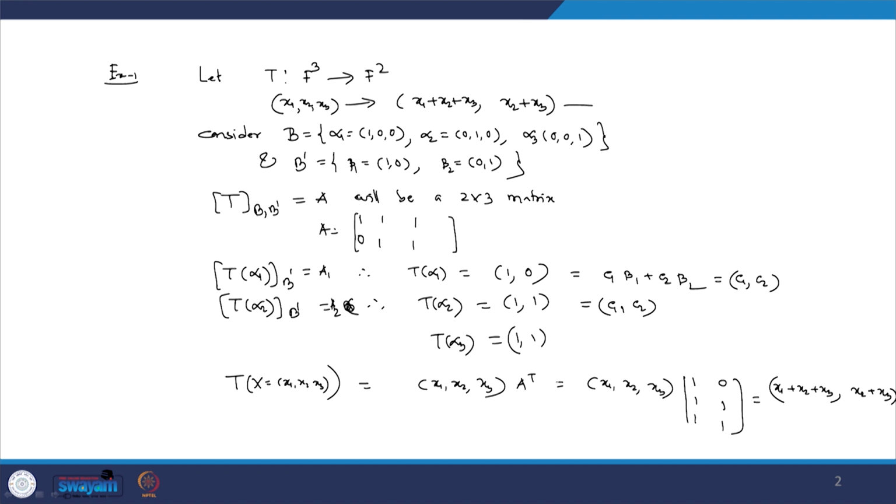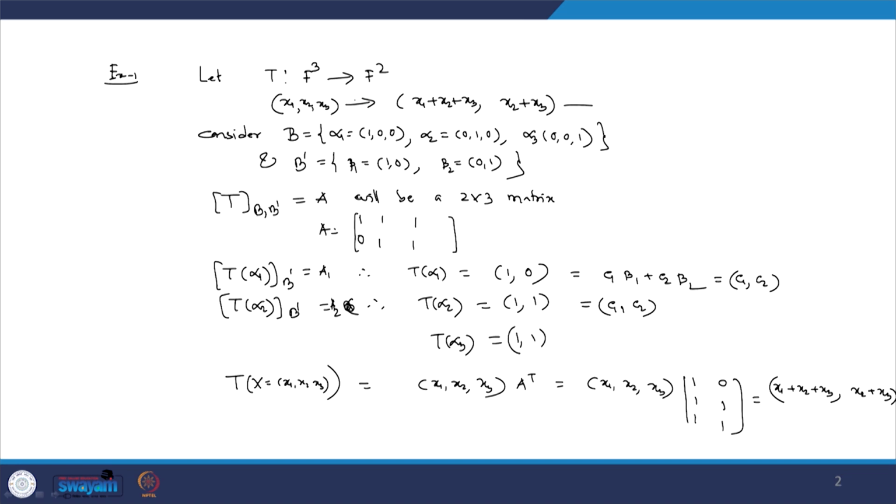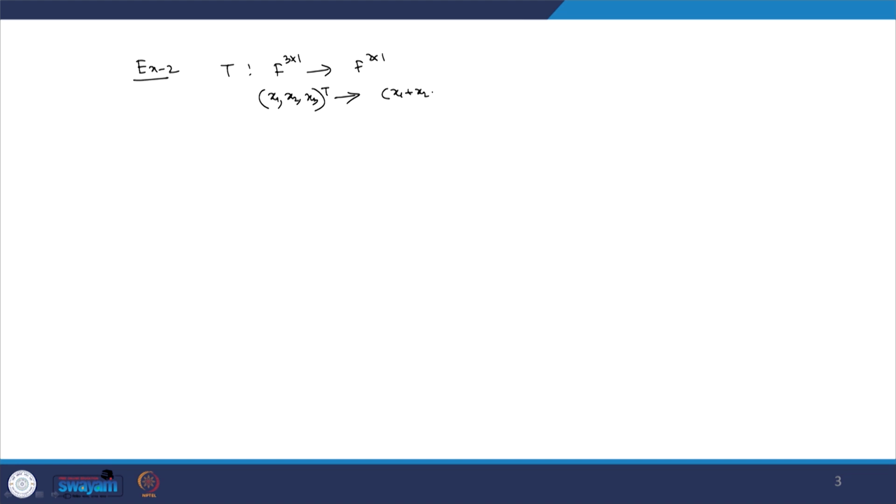Now, let me do the similar thing by changing the space. If I consider example 2, say T is a map from, instead of the 3-tuple space, F3 cross 1, the set of all 3 cross 1 column matrices, to F2 cross 1, where (x1, x2, x3) transpose goes to (x1 plus x2 plus x3, x2 plus x3) transpose.